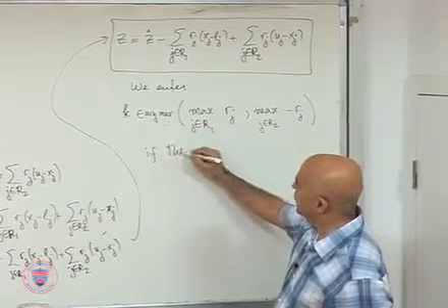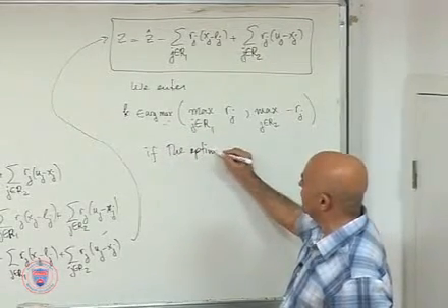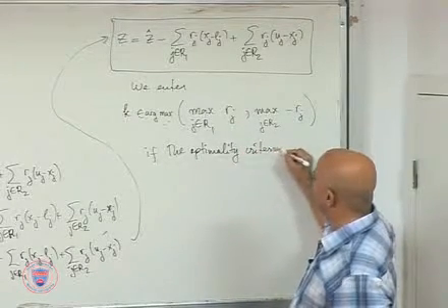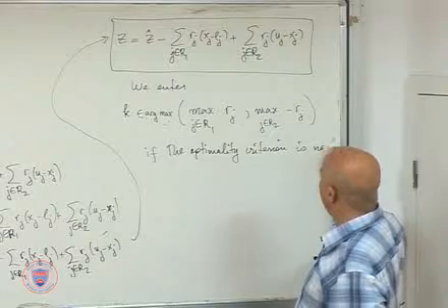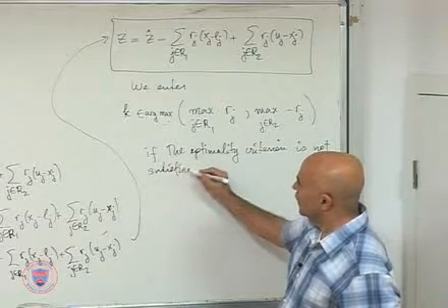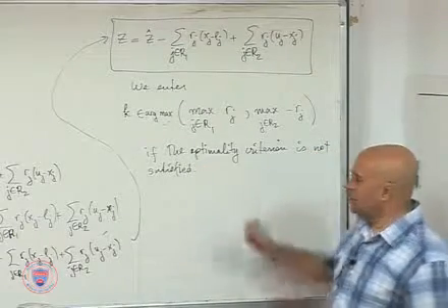If the optimality criterion is not satisfied. What is the optimality criterion?